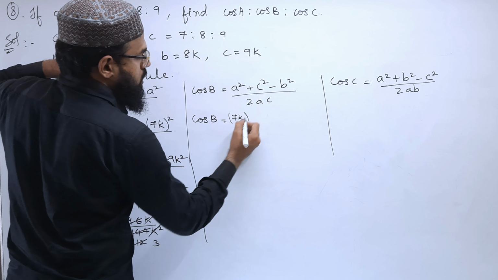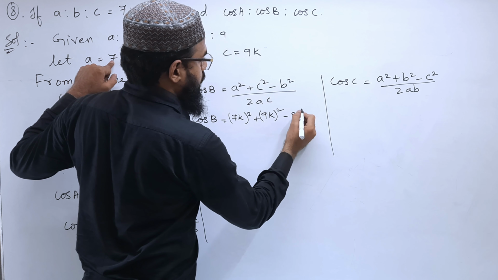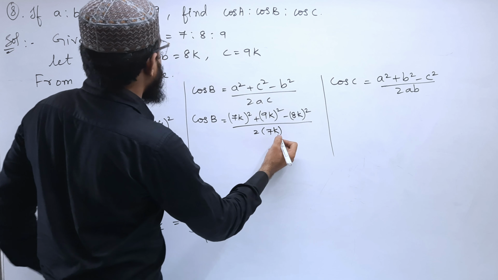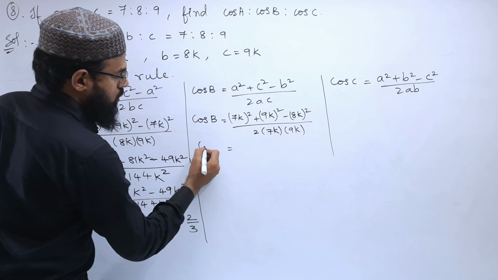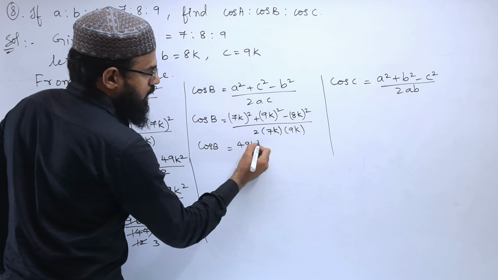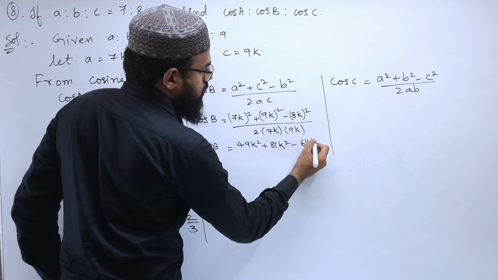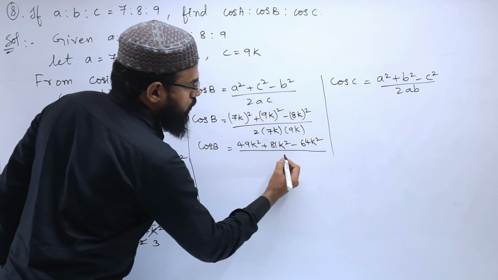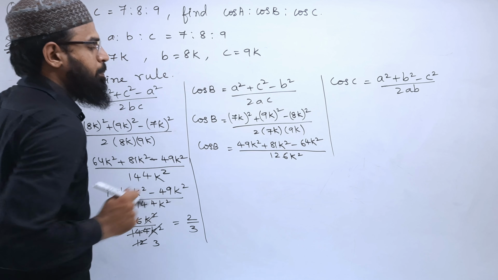That is 49k² + 81k² − 64k², divided by 7 × 9 = 63, 63 × 2 = 126, so 126k².